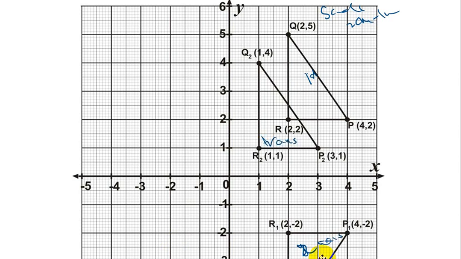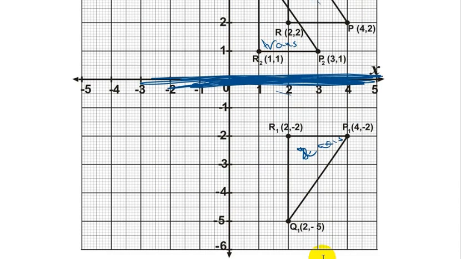Now the translation just shifts the diagram a little, but for the x-axis, it means that the x-axis is the mirror line. If I put a mirror here, where will I see this diagram? I'll see this diagram inside the mirror. So that is why we see the image came here. Do you get me?